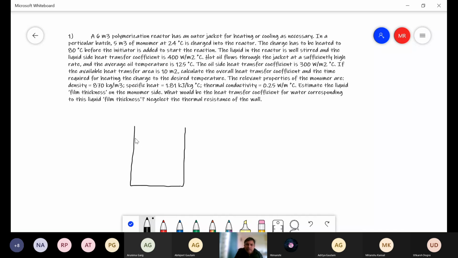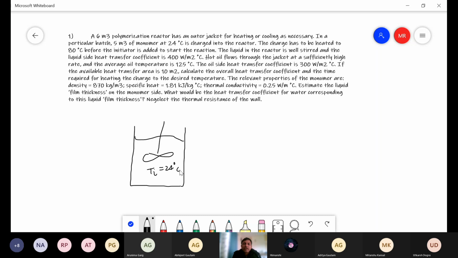In this particular polymerization reactor, 5-meter cube of monomer at 24 degrees Celsius is charged. So initially the temperature of the monomer is Ti equals 24 degrees Celsius.